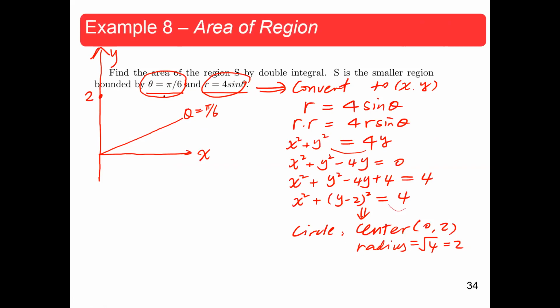So we should go to the right for 2, down for 2, left, I'm out of space there, but what matters most is this piece. And you can tell it has an upper part, and then it continues to the left. So this is r equals 4 sine theta.